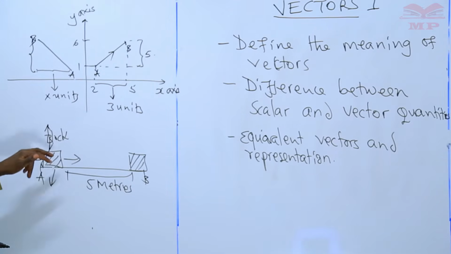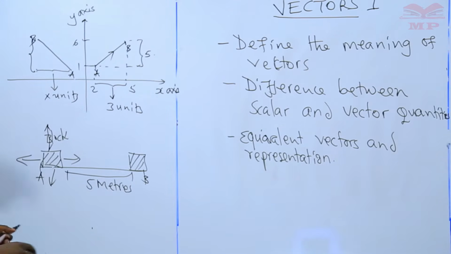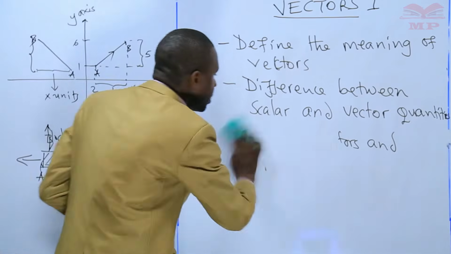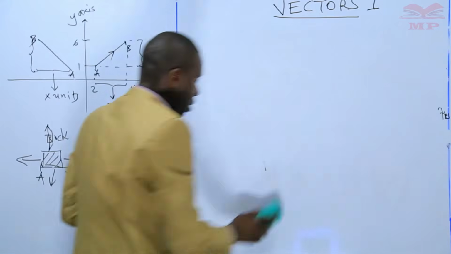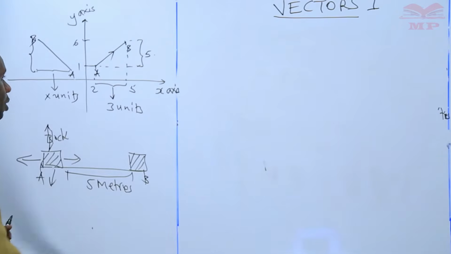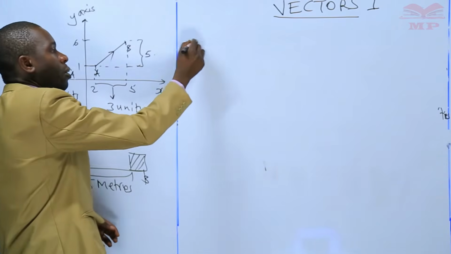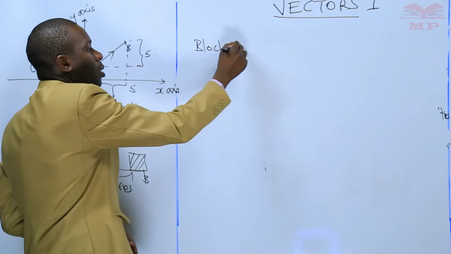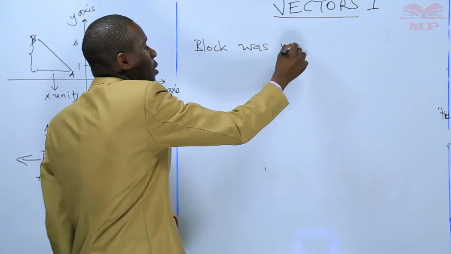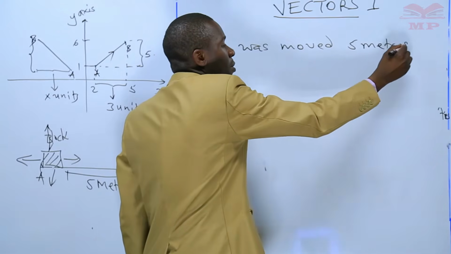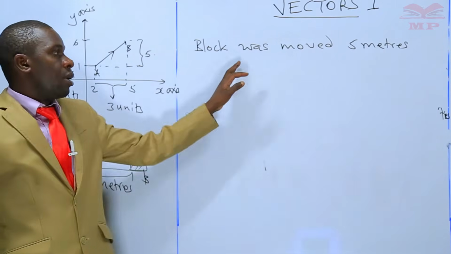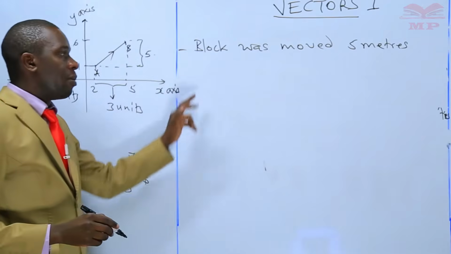Now, let me just illustrate it from this place. If we just say, for example, that our block was moved 5 meters, that would be our first information.